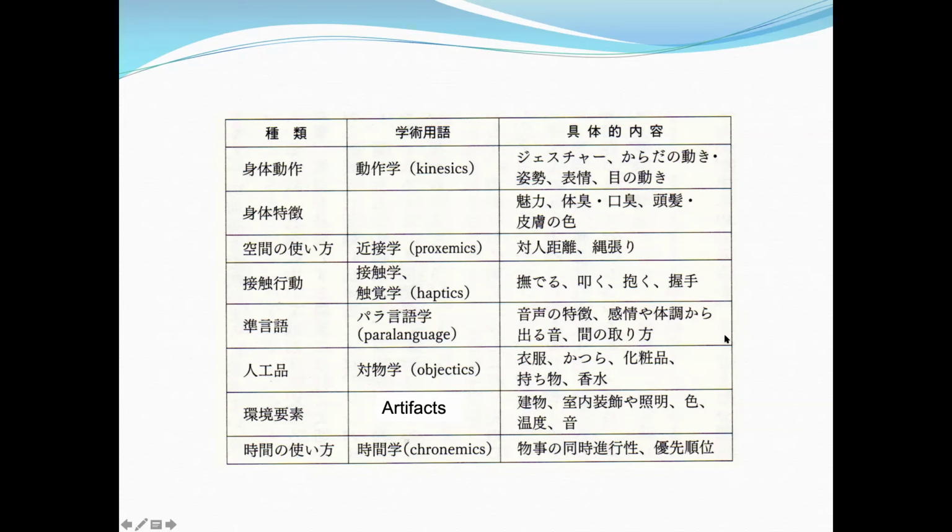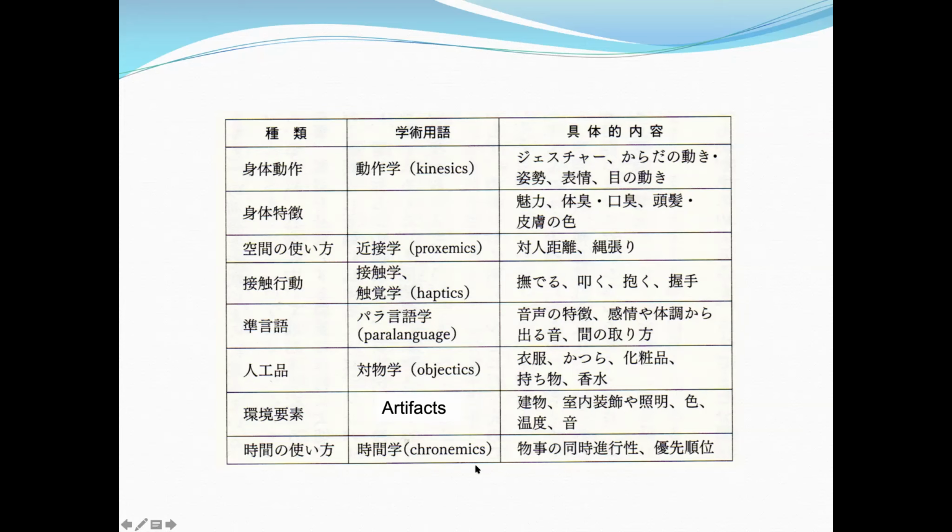But I included all of them into artifacts, the environmental elements. Artifacts also include buildings, the color of lighting, or the brightness of lighting, that kind of thing. But the artifacts in the communication field are rather those things, not lighting studies, though maybe the communication of colors is included in artifacts here too.